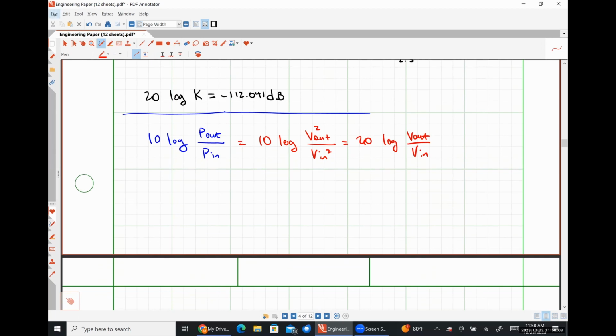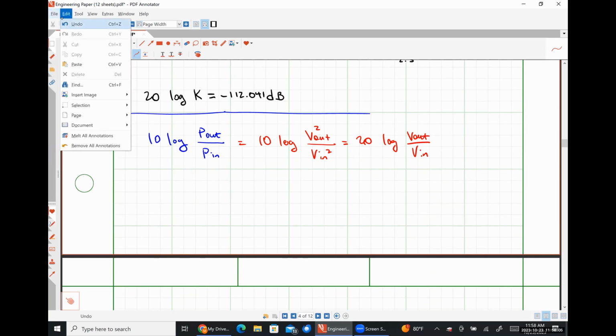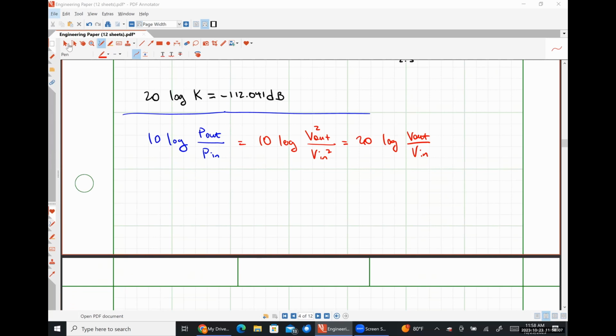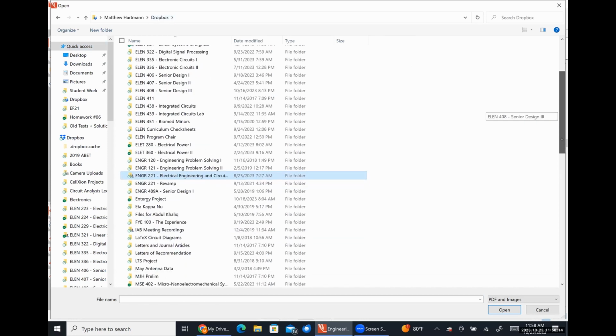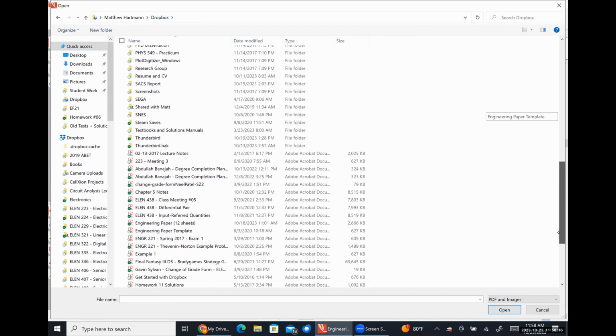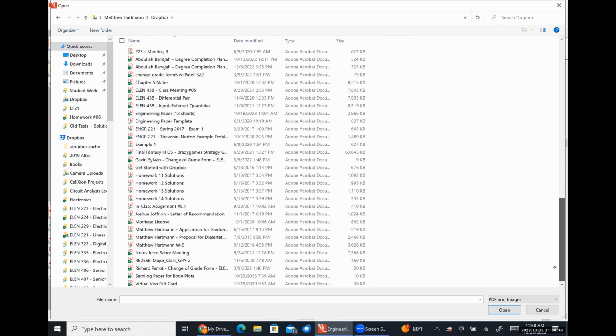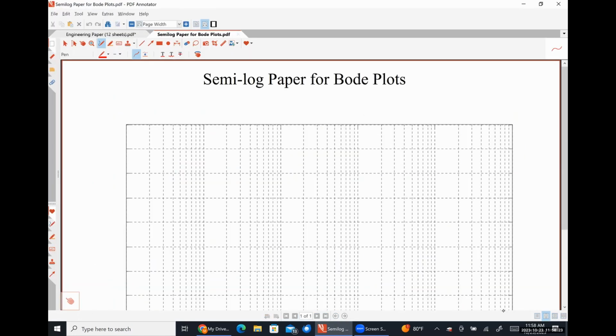So I'm going to open up another sheet of paper here, and I'm going to provide you guys with this sheet of paper as well. Let me find it. Dropbox. Semi-log paper for Bode plots. I named it something obvious.